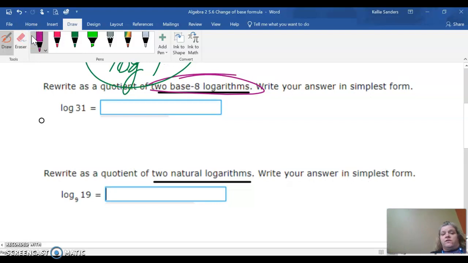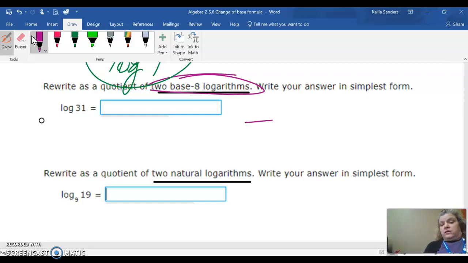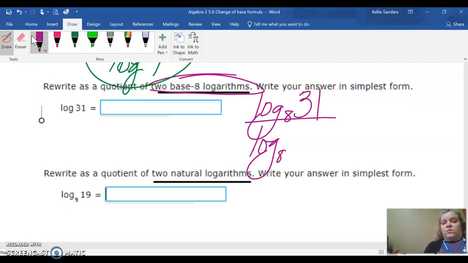Rewrite as a quotient of 2 base 8 logarithms. Write your answer in simplest form. Okay? I have no idea why you would ever want to do this. I guess just to know if you understand the concept. So when it says 2 base 8 logarithms, then both on top and on bottom, you're going to have log base 8s. This is going to be a 31 because that is 31.